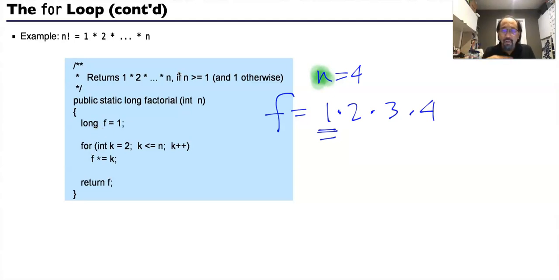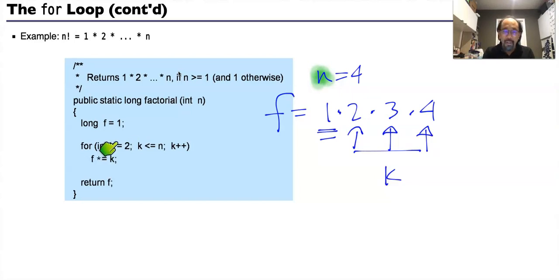And then within the loop, I'm going to multiply it by 2, and then by 3, and then by 4. So I'm going to use a variable k. I'm going to initialize that to 2, because that's the first number I want to multiply f by. And then I'm going to increment that by 1 until I hit the ending value when k is equal to n.